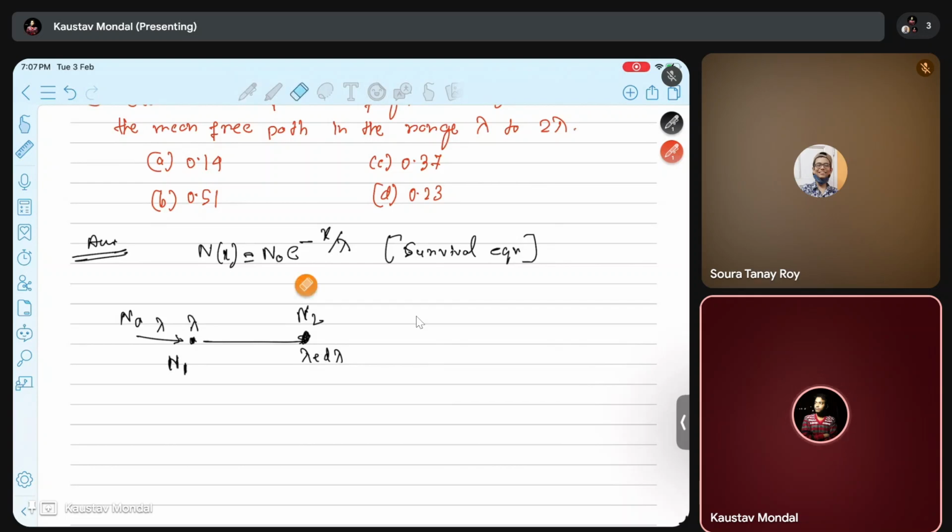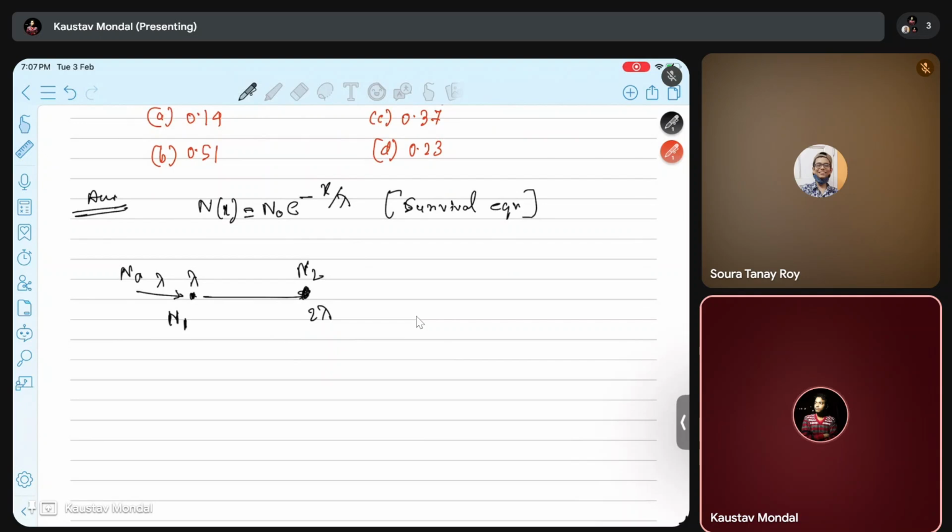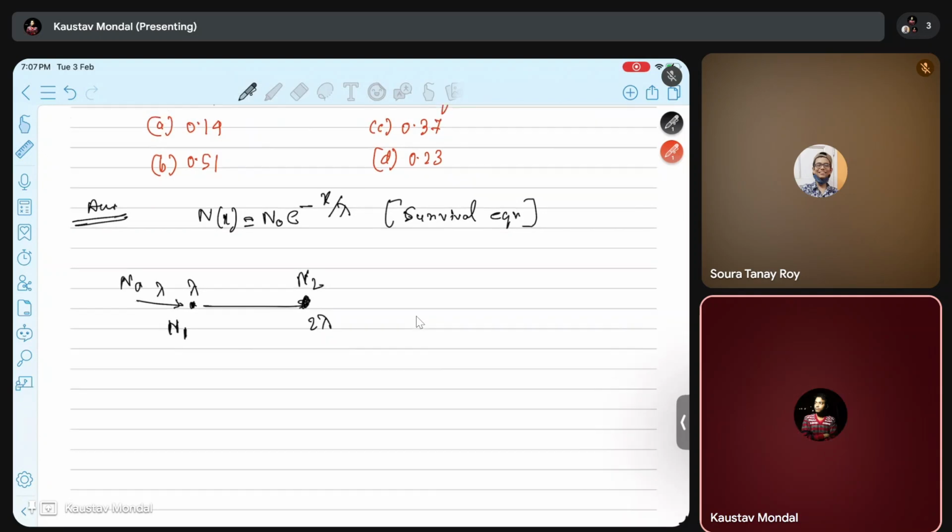So here it's not d lambda, it's 2 lambda, right? Lambda to 2 lambda, yeah. So n1 is basically n0 e to the power minus x lambda into lambda, and n2 is equal to n0 e to the power minus 2 lambda by lambda.